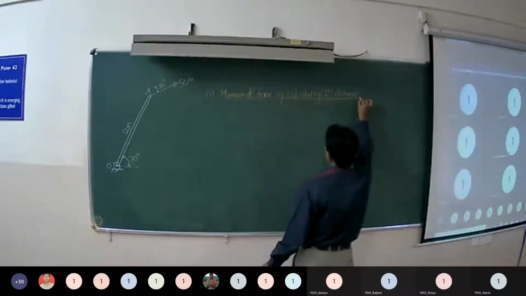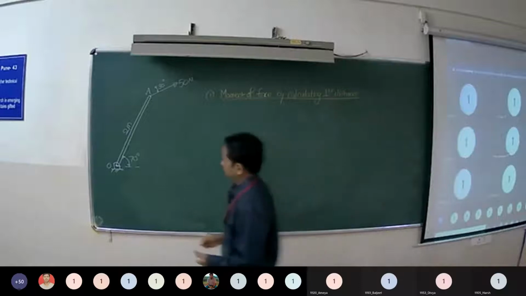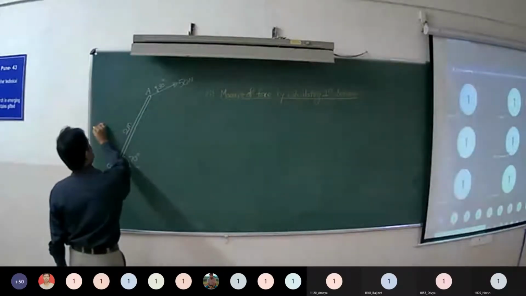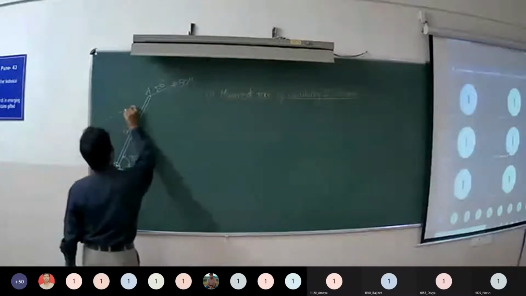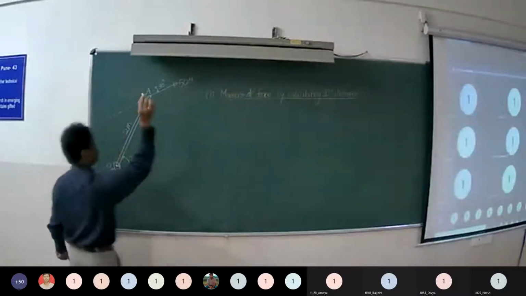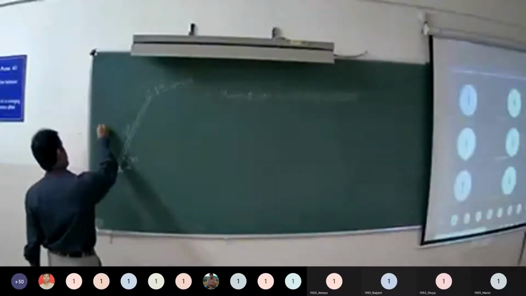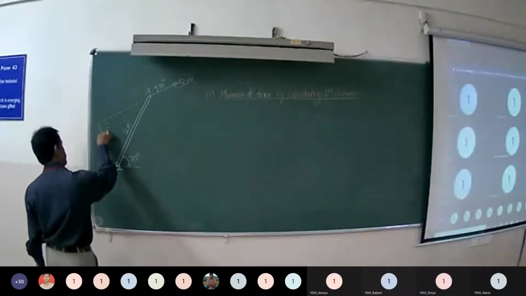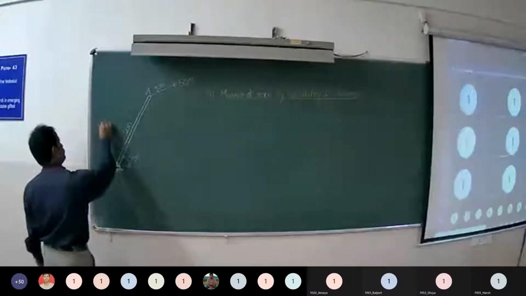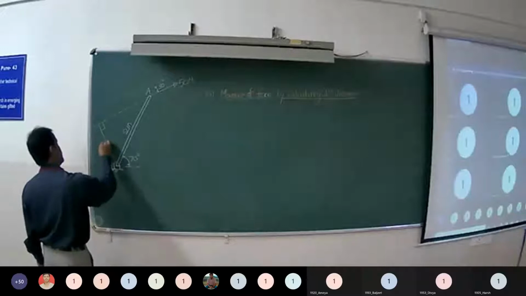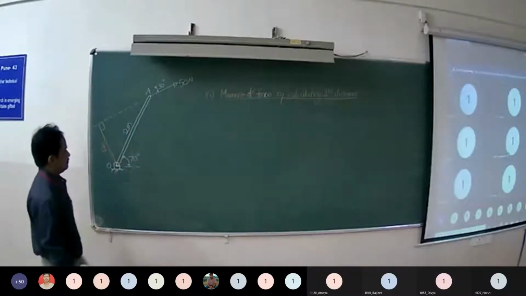The perpendicular distance from the line of action of the force to the point. So with the line of action of the force, just extend the line along the 50 Newton force. Draw a perpendicular from point O to the line of action. Say this perpendicular distance is D.